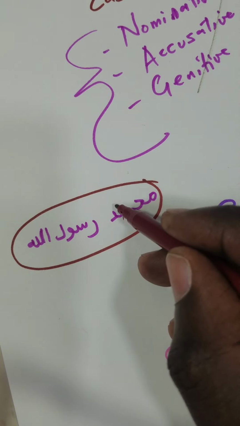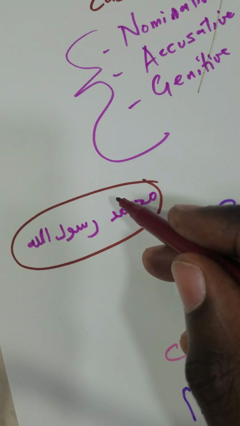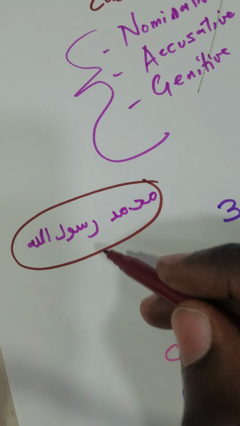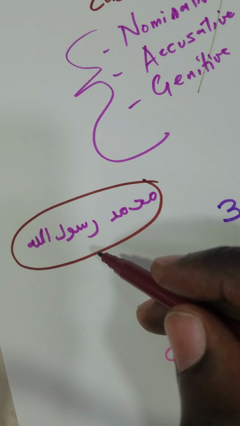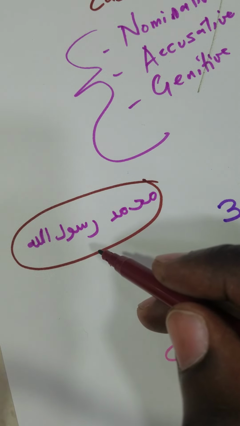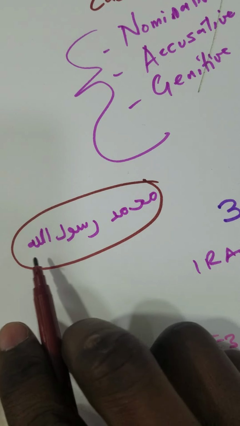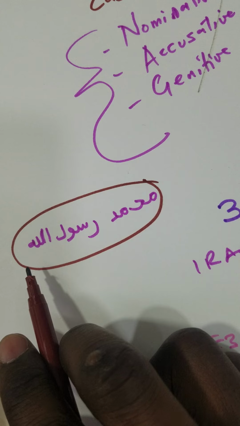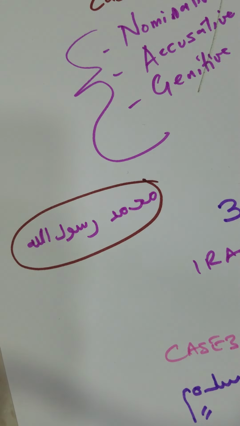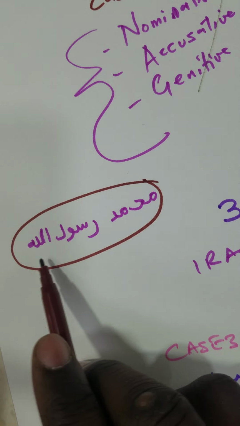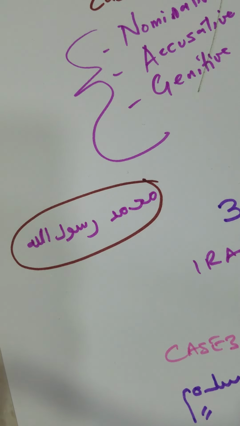You see how this now is going to case 1. Muhammadun Rasulullah. These words are added, so you won't say Muhammadun Rasul Allah. It will be read as Muhammadun Rasulullah.